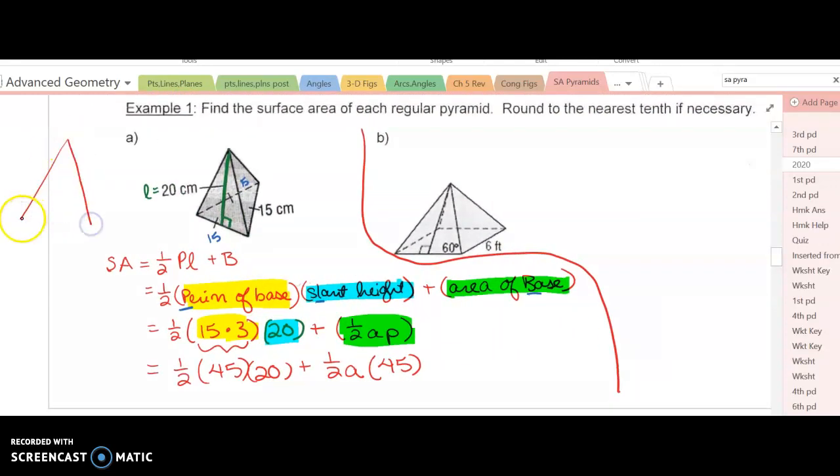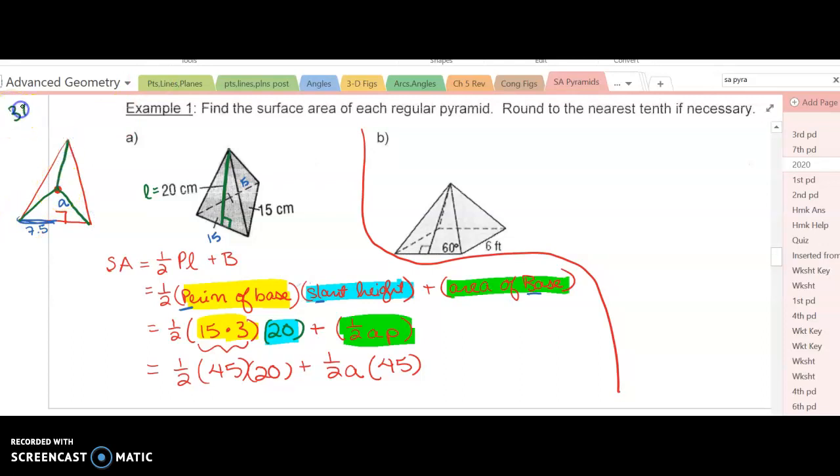Remember our strategy to find the apothem, which goes from the center perpendicular to the base. We know that a whole side is 15, so half of a side would be 7.5. If we can find this little angle here, that's enough information to find the apothem. Let's divide this up into 3 congruent triangles.